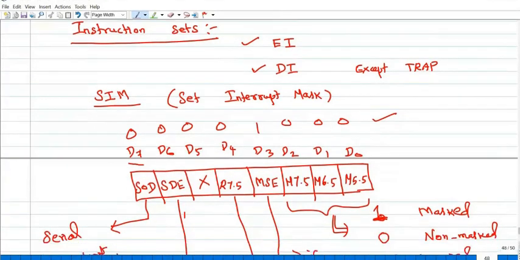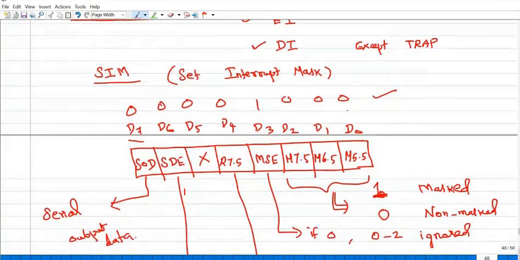Please respond. D0 is 0, meaning RST 5.5 is masked or non-masked? Non-masked. So RST 5.5 is active. D1 is 0, meaning RST 6.5 is active. D2 is 0, meaning RST 7.5 is active.